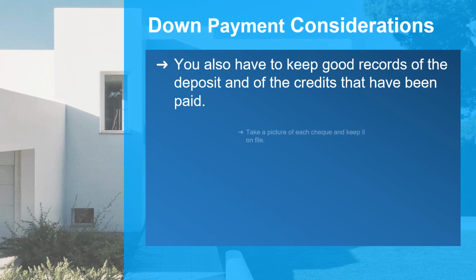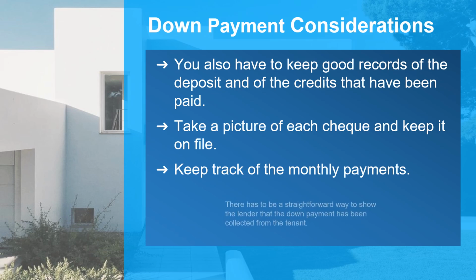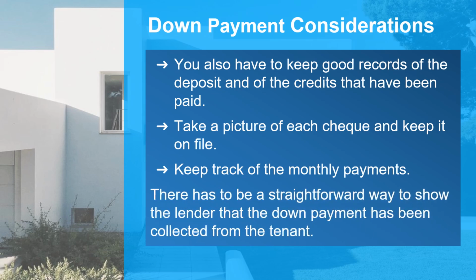Make sure you keep a track record of the monthly payments. There's a straightforward way to show the lender that the down payment has been collected from the tenant. So it's all about putting everything together in such a way that it's easy for the bank to understand that it is their down payment.